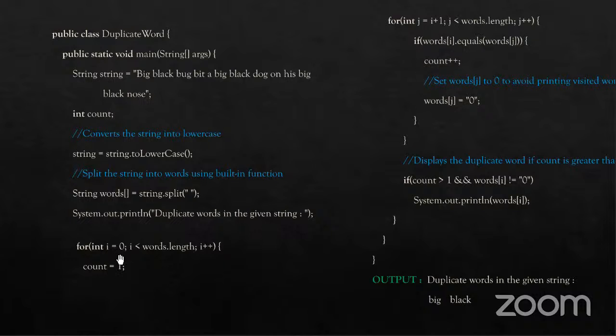First we initialize i less than words dot length. Here also we use the array, because we stored the split words in an array, so we use the length attribute of the array.